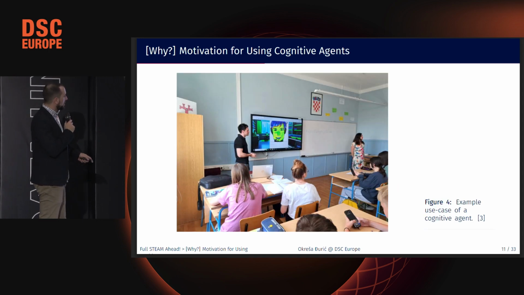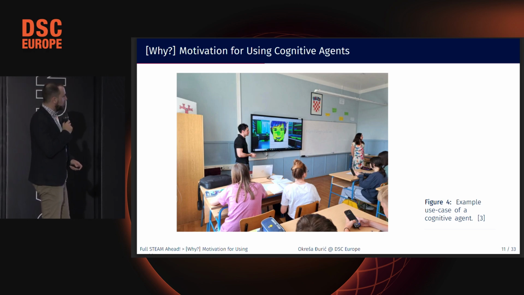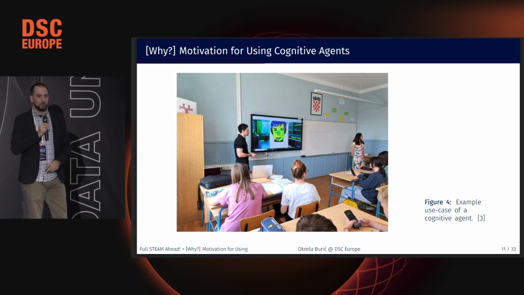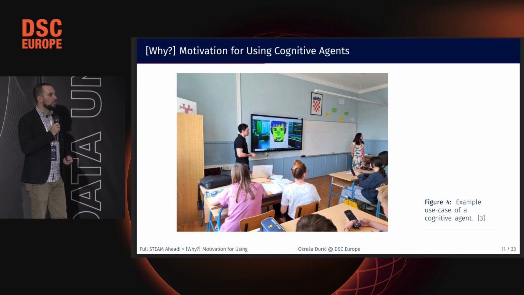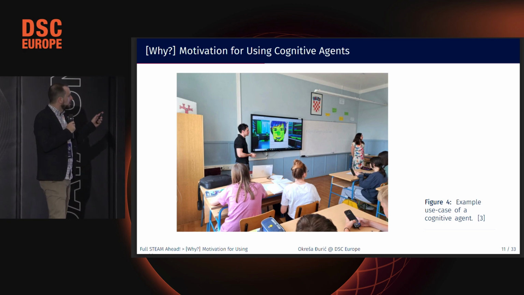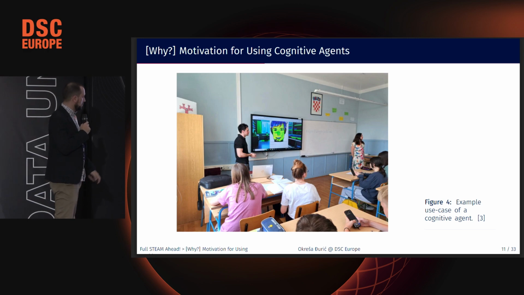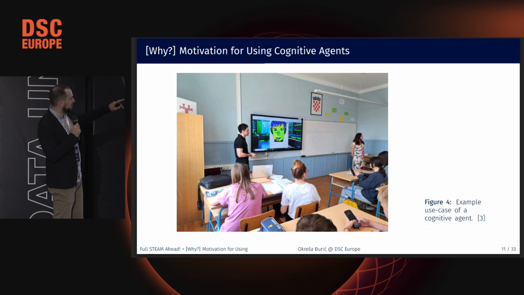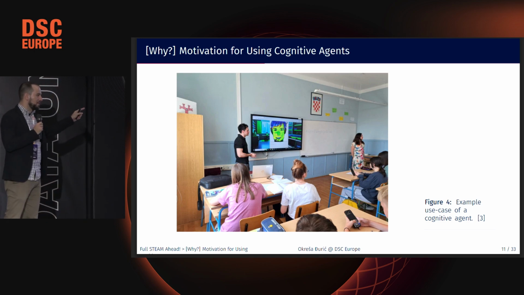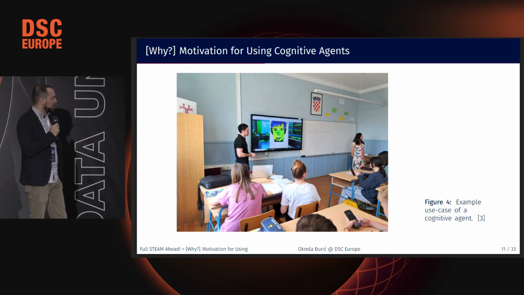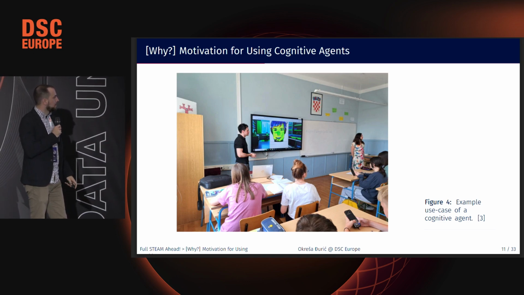So this is another example of one of the testing events that we had with our students. We can see one of those agents on the smart board, and two representatives of our team, and some students. There's a teacher as well somewhere in the background.